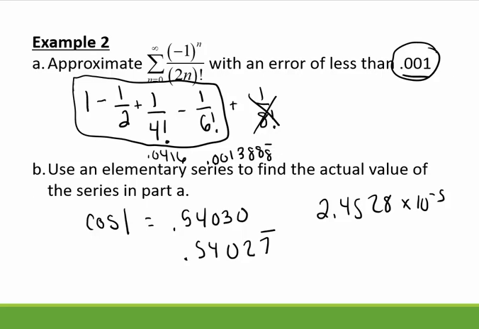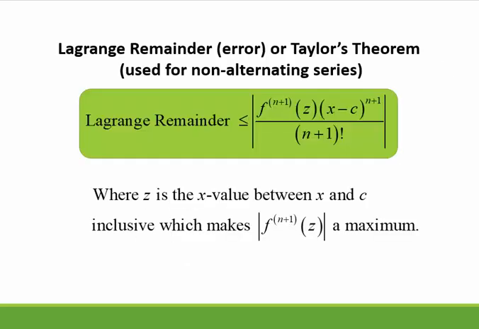Now, what if your series is not alternating? We use Lagrange error bound. And what this means, okay, so it's for a non-alternating series. This is the value of the derivative, where this value of the next term's derivative is a maximum value. And I'll talk about that in a few of the problems.